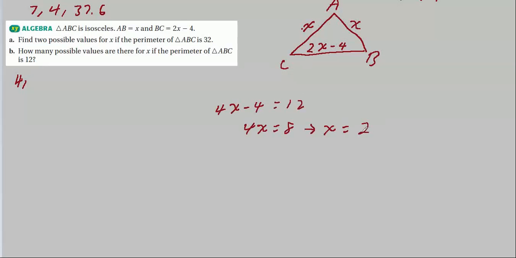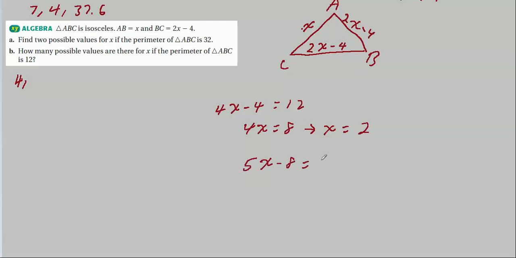If we set these two sides equal, and say this is 2x minus 4, and this is x, then we're back to the equation we just solved, but with a slightly different perimeter. It would turn out to be 5x minus 8 equals 12.